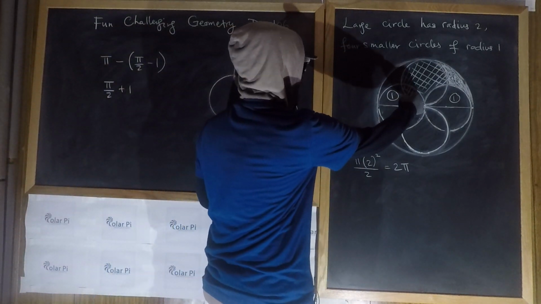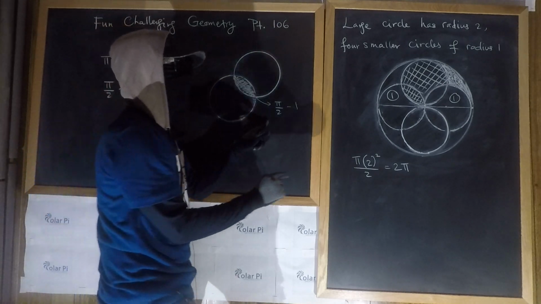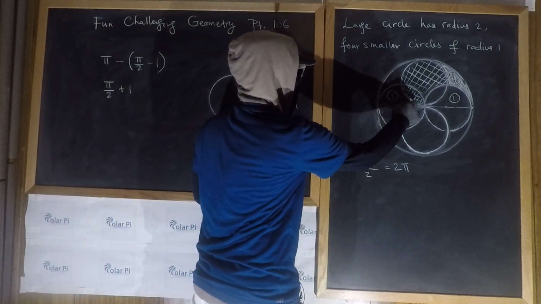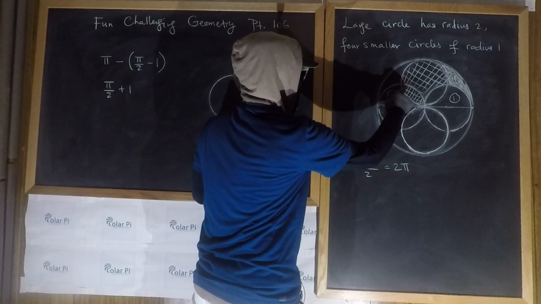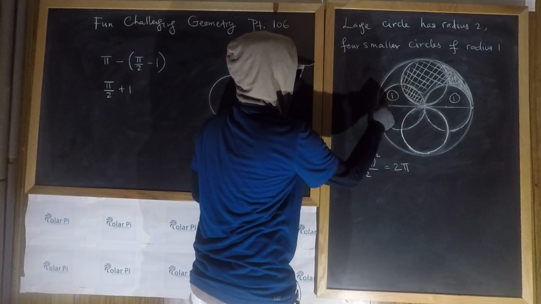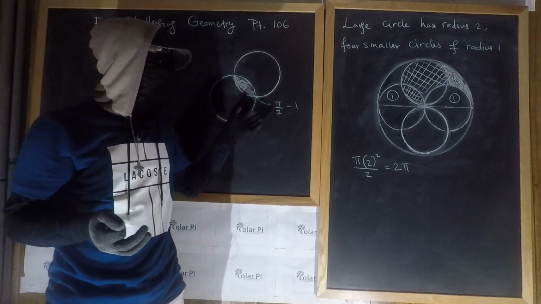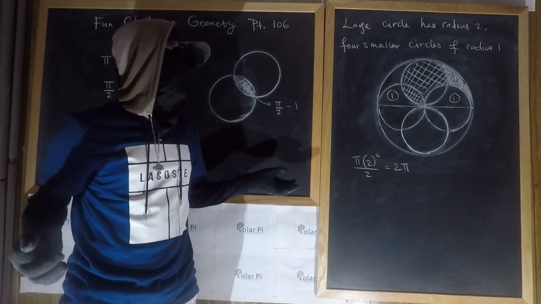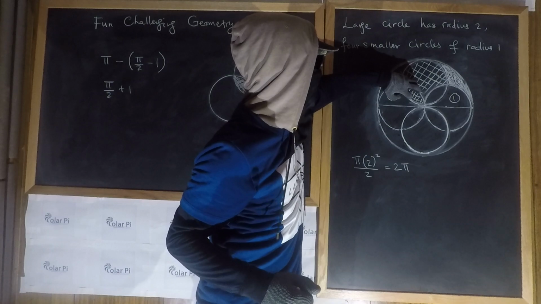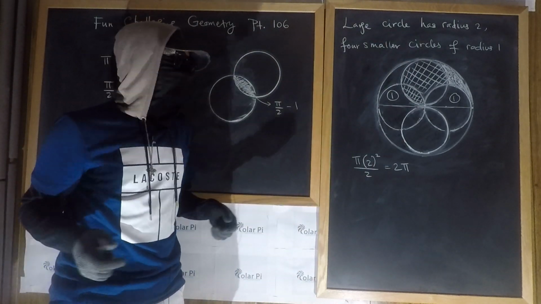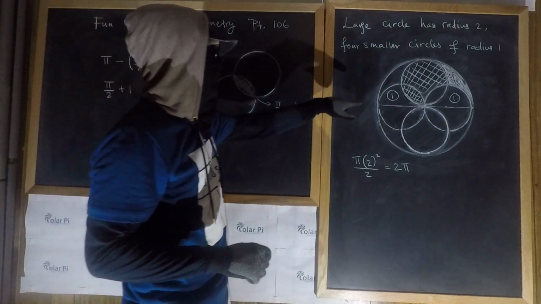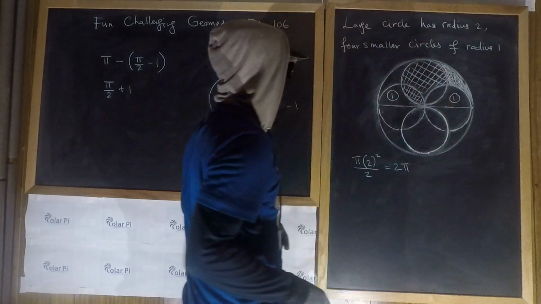So if this little strip is pi over 2 minus 1, it must mean that the unshaded part of this semicircle, outside of this little strip, must have area 1, because obviously 1 plus pi over 2 minus 1 makes pi over 2, which is exactly the area of this semicircle right here. You follow what I'm saying? Okay, so this has area 1 and this has area 1.